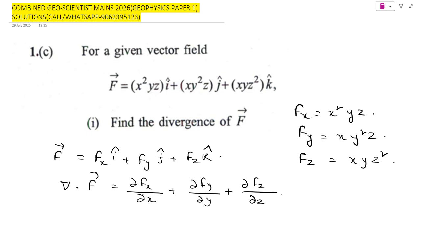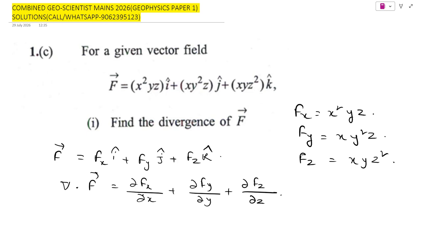This means differentiate the x component only with respect to x, differentiate the y component only with respect to y, and differentiate the z component only with respect to z. Now, students often make the mistake of differentiating every component with respect to every variable. Never do that. Each component is differentiated only with respect to its own coordinate, and this is one of the most common mistakes in competitive examinations.